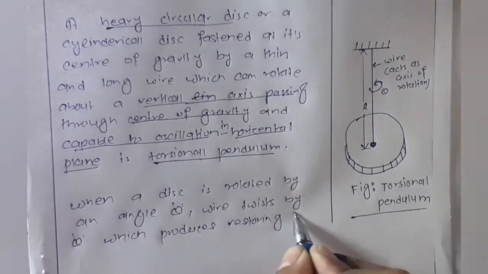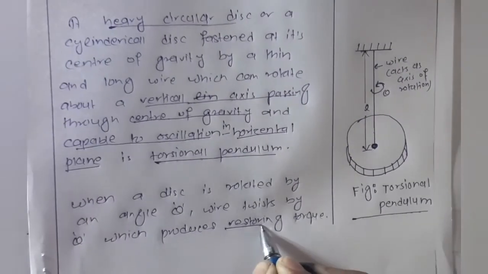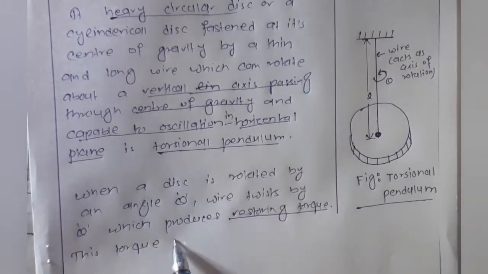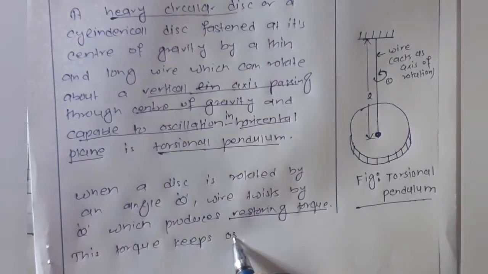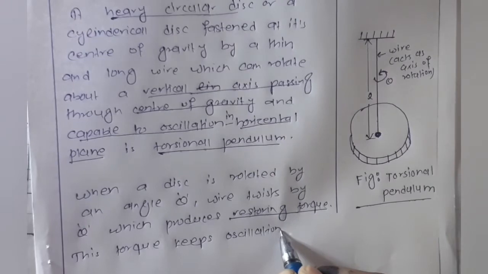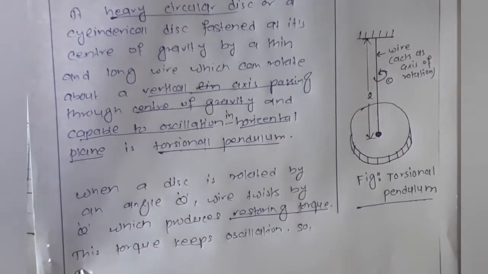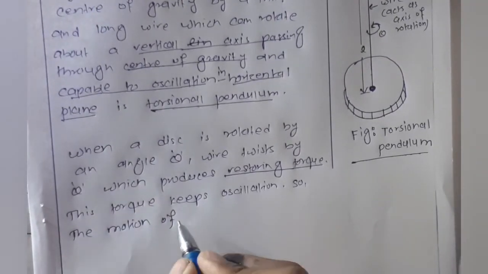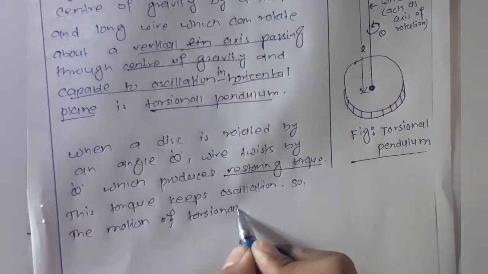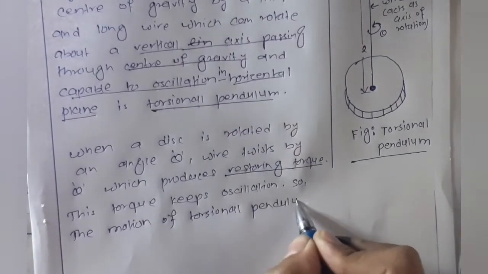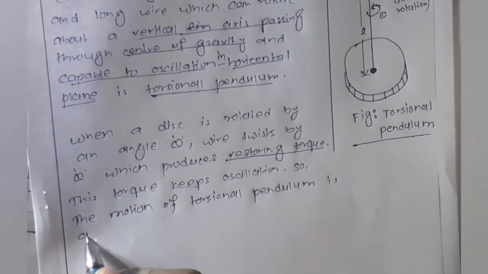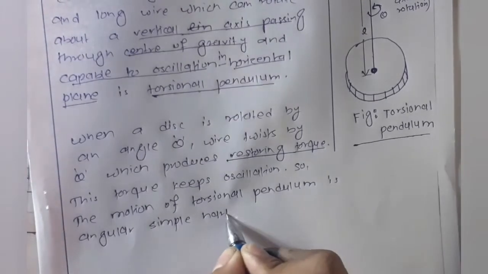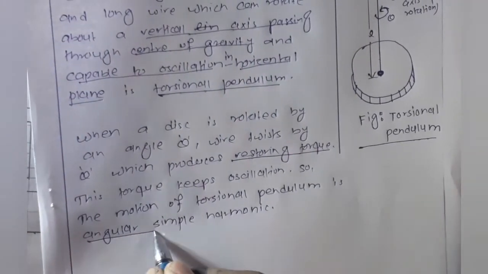This torque keeps the oscillation going, so the motion of the torsional pendulum is angular simple harmonic.